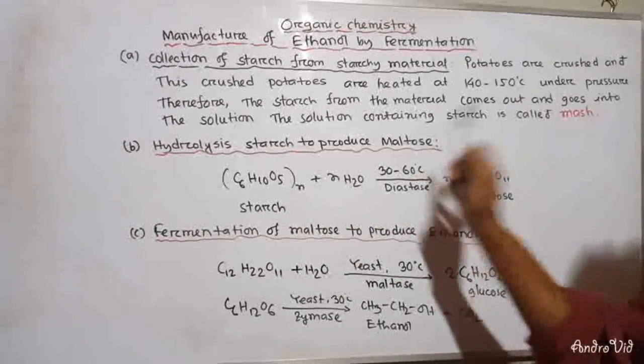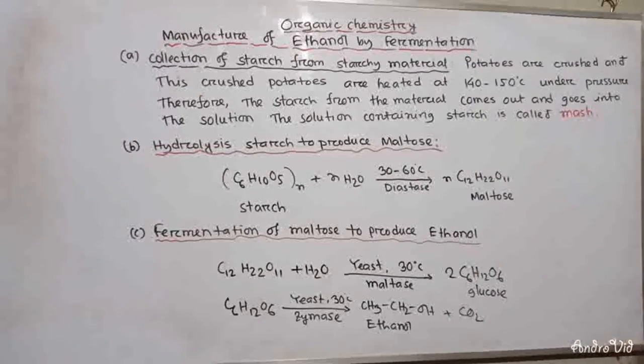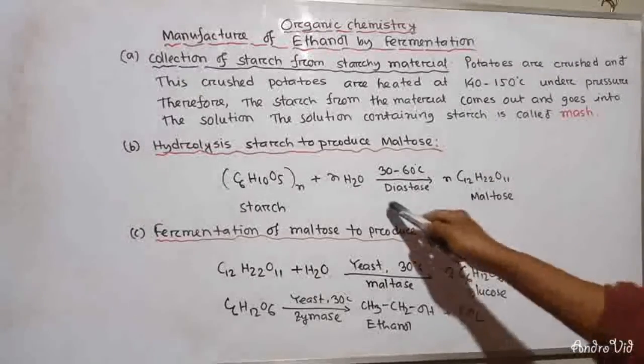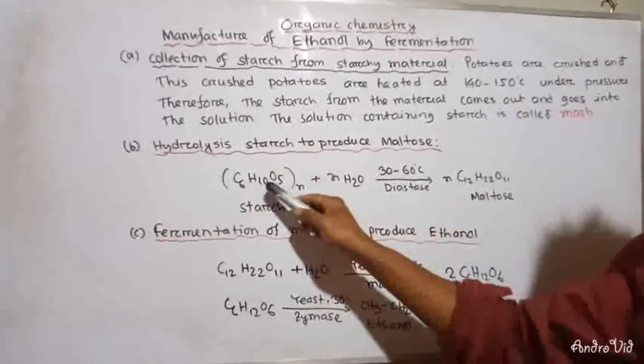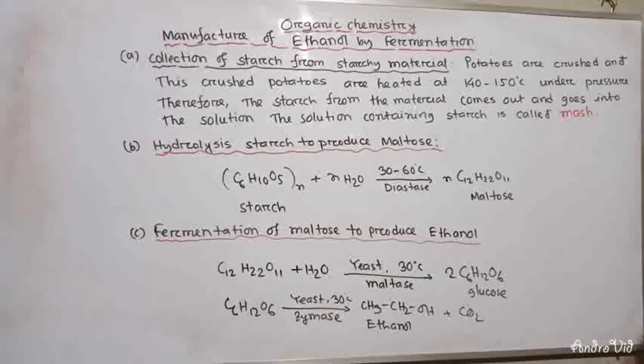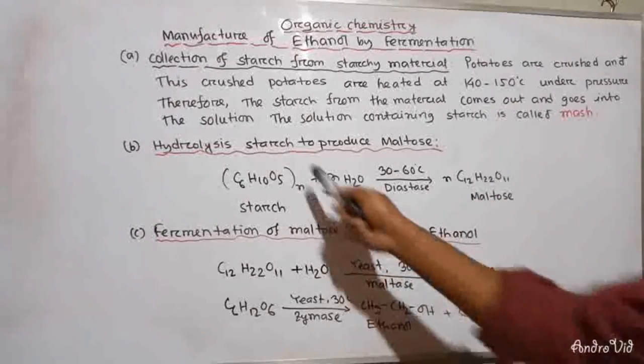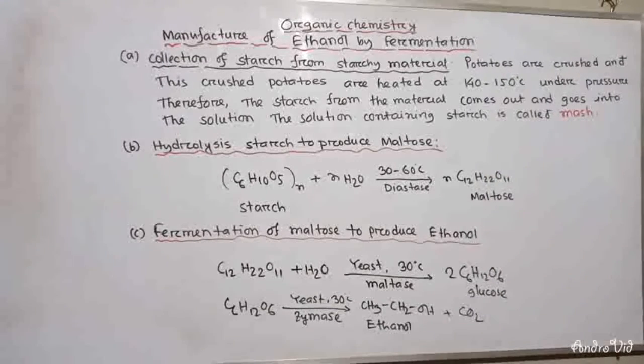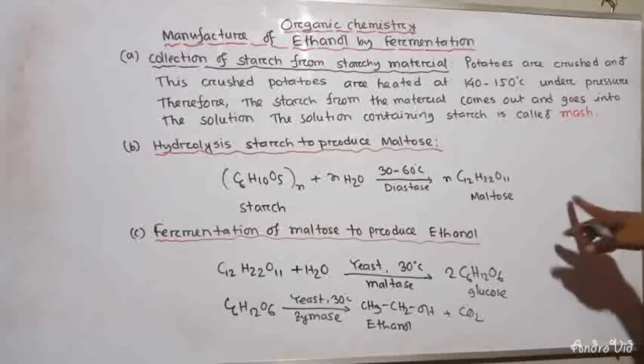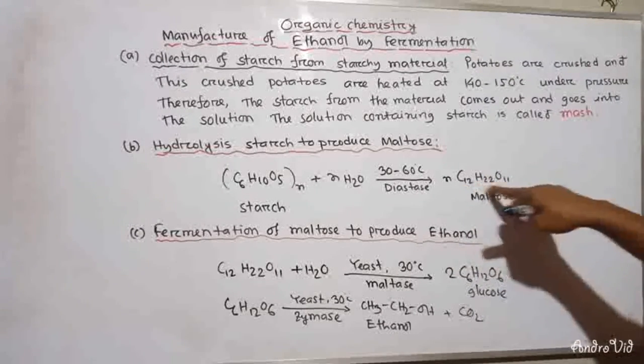When you maintain the temperature at 30 to 60 degrees Celsius, the diastase enzyme comes out from the starch, and in its presence this reaction happens. This diastase enzyme will convert starch into maltose, which has the molecular formula C12H22O11.